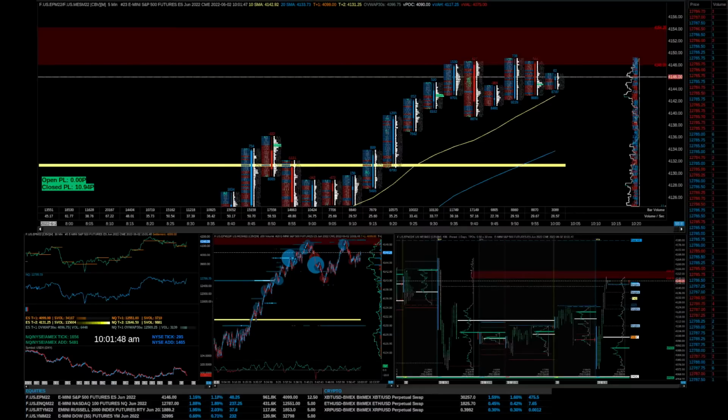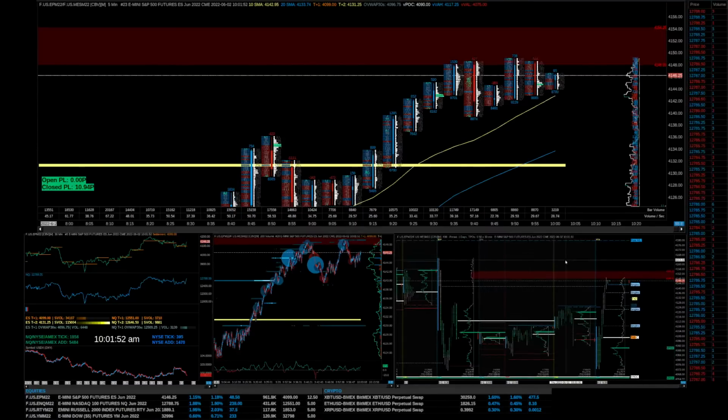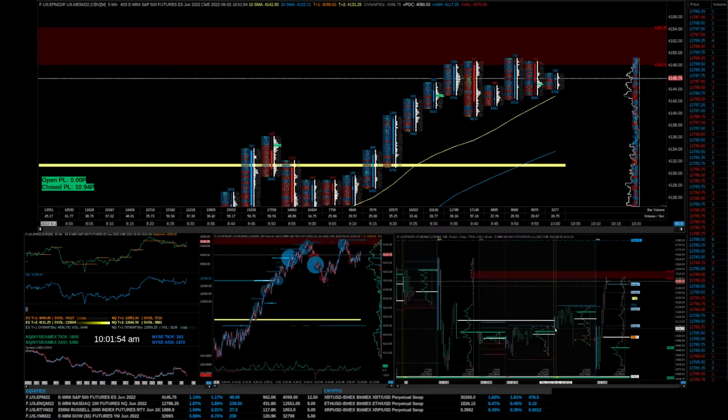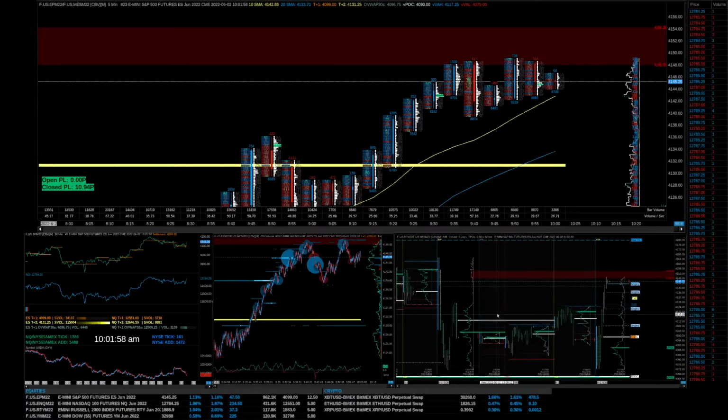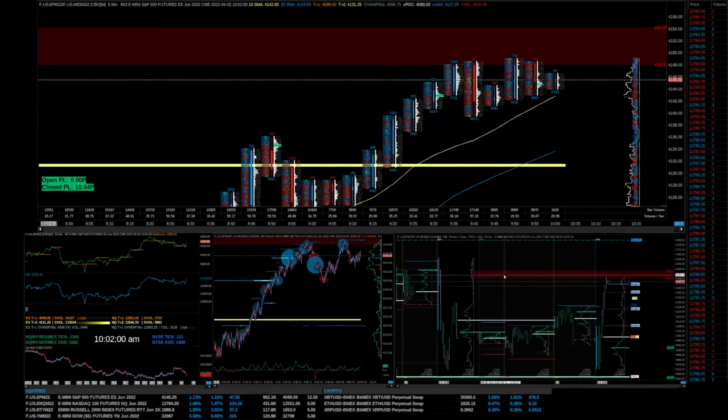Something about the TPO chart background, black, ETH, kind of a grayish background. I break my ETH up, extended trading hours, Globex, into the hour after the cash close. I call it USA2.